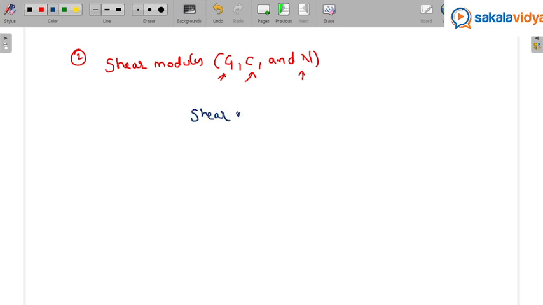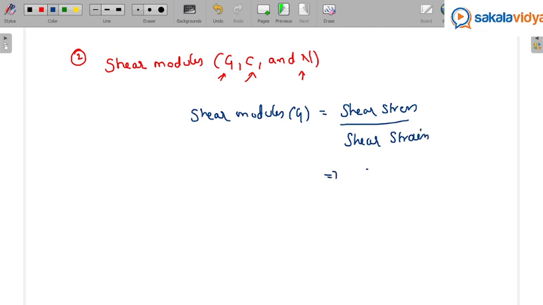Shear modulus is defined as a ratio of shear stress by shear strain. Again the units will be Newton per mm square or Newton per meter square.